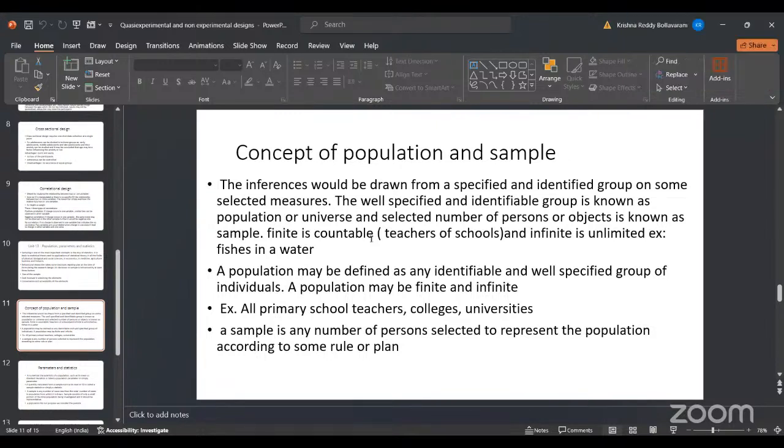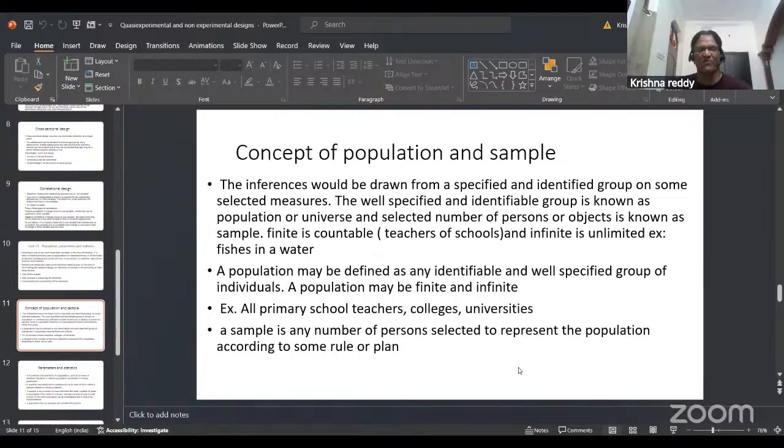Yes. A sample is any number of persons selected to represent the population according to some rule or plan. So a sample is any number of persons selected, whatever you like to have, the size of the sample, selected to represent the population. So that is a representative population.